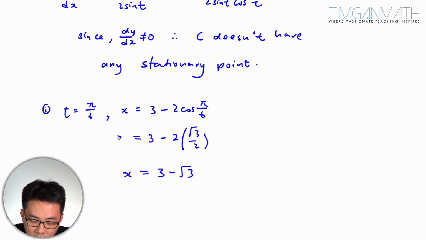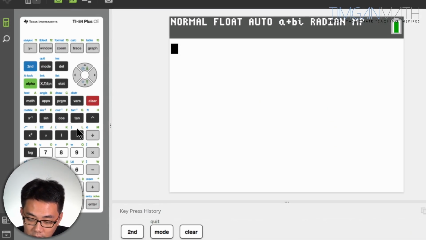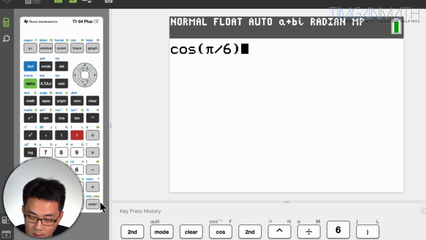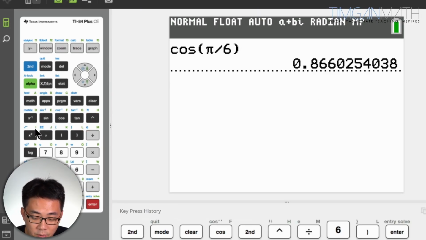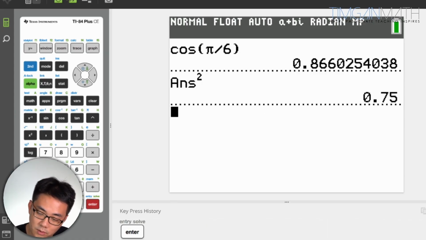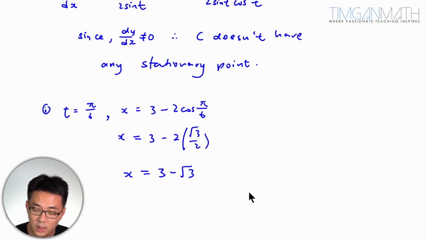Now if you've forgotten the exact form, you can use your GC. Make sure it's in radian mode, then use cosine pi over 6. You can either remember this as root 3 over 2, or square it: cosine squared pi over 6 is 3 over 4, so the square root of 3 over 4 is root 3 over 2. That's good.